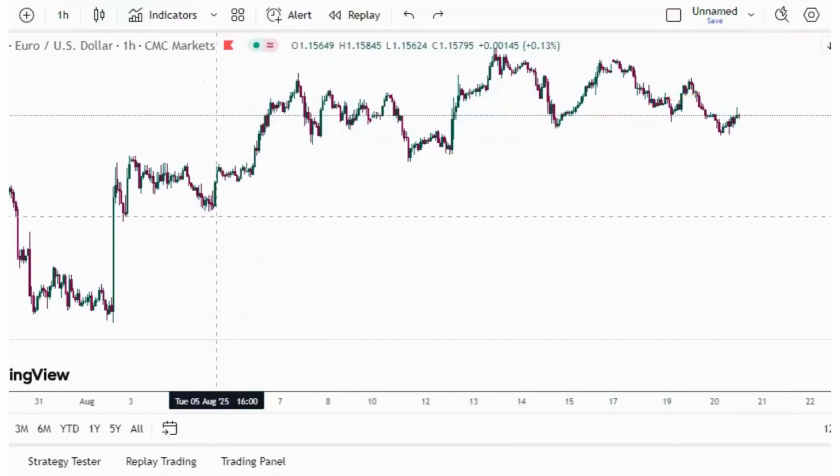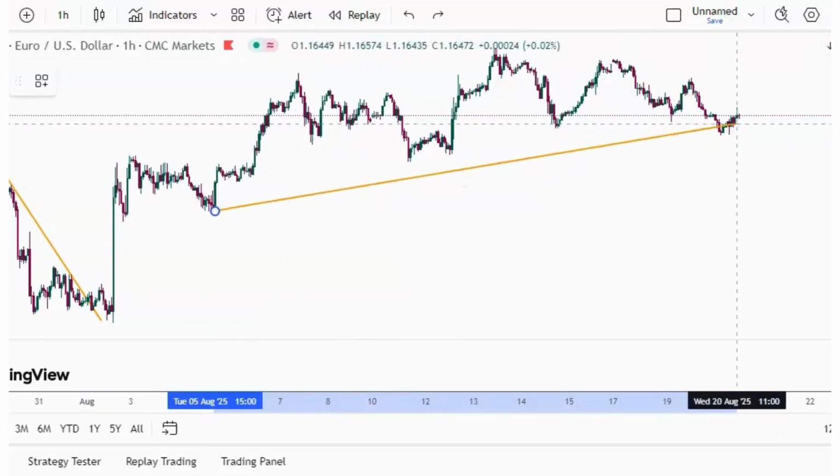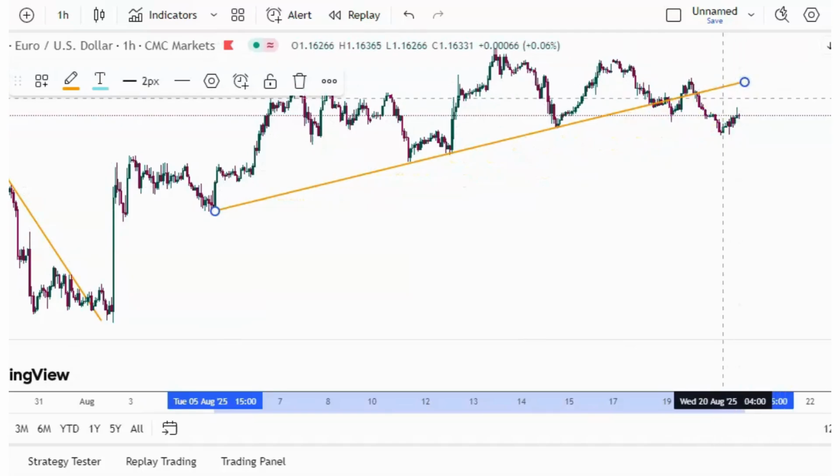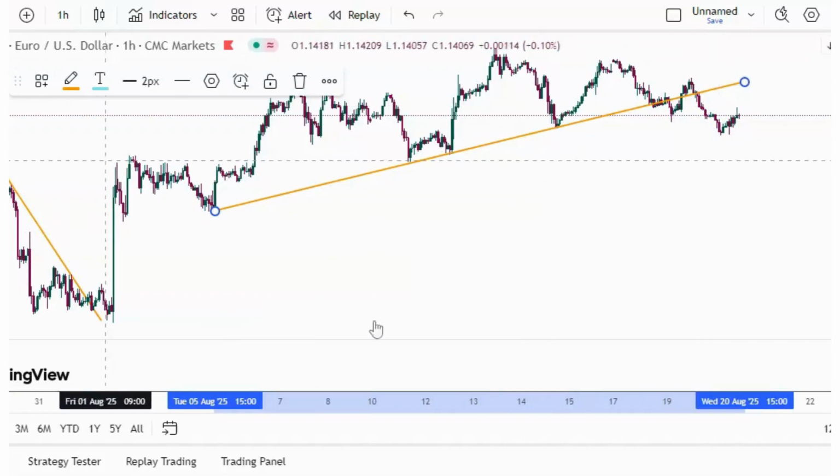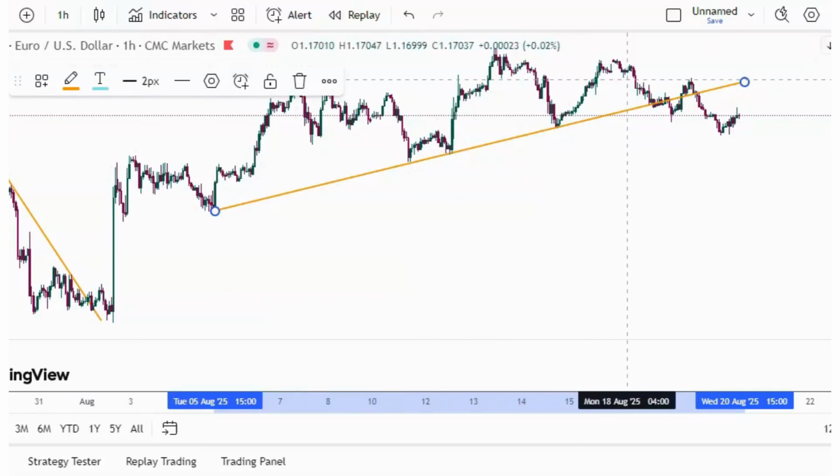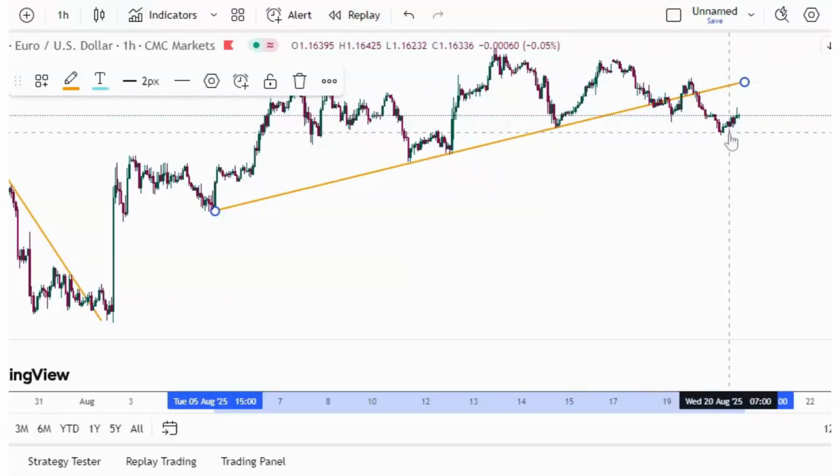Let me keep both trend lines. The price is dancing over this line, hitting it several times, respecting the line. Once it breaks under it, it retested the line and it went lower.